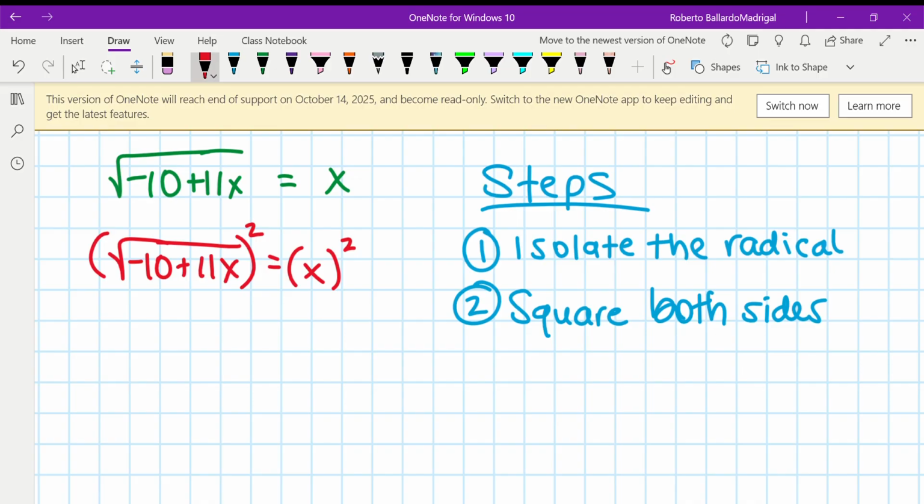Now for this problem, it's not too much of an issue to square because since there are no extra terms with the radical, squaring it just means that we're getting rid of the radical. So that means we're going to take the stuff from the inside and just write it without the radical. So we'll be left with negative 10 plus 11x equals x squared. Okay, so that's what we get.